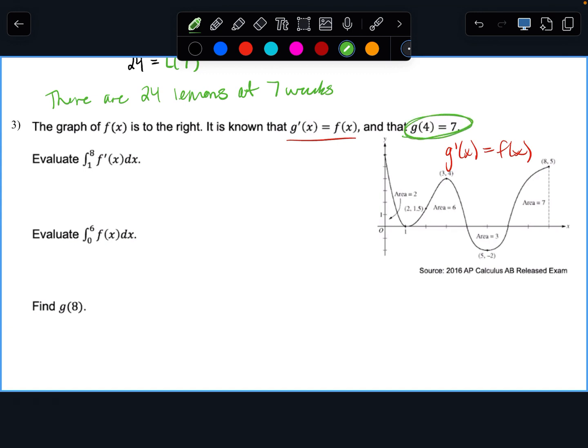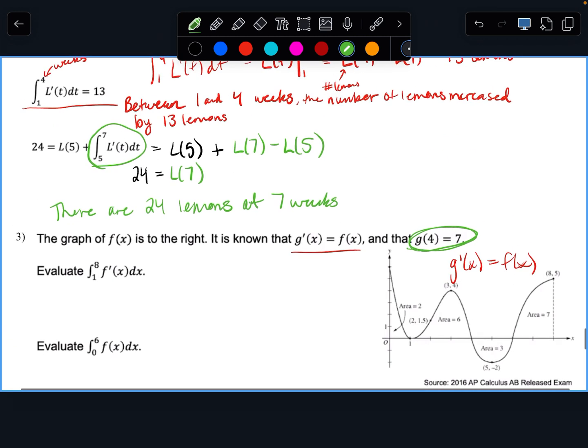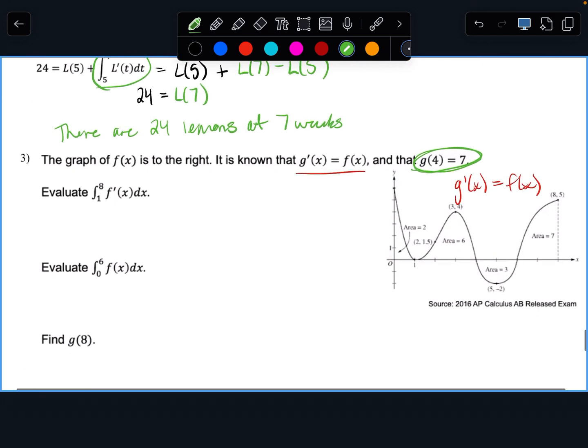So if I'm going to evaluate this, again go back to this idea with your fundamental theorem. Just rewrite it: this would really be f of 8 minus f of 1. And then for this one to figure it out, you're getting f of 8.